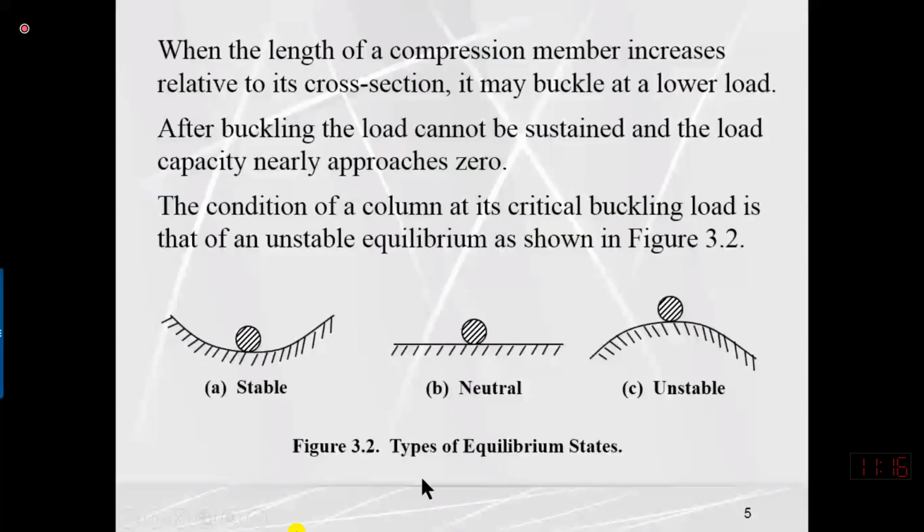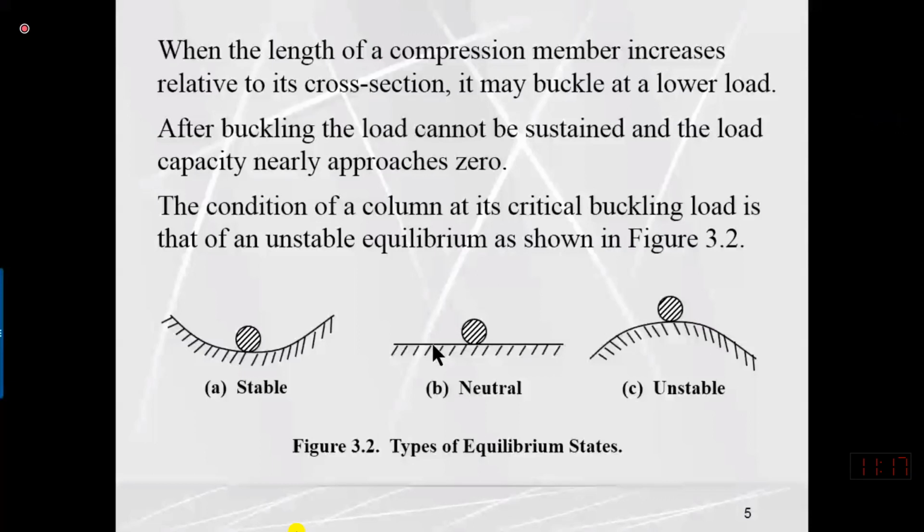So here we have a metaphorical example just to explain the equilibrium condition. I told you that in an axially loaded member, if I keep on increasing the load, the member remains straight until I approach a particular load value. At that load value, which is referred to as P critical, the column is slightly deflected laterally.